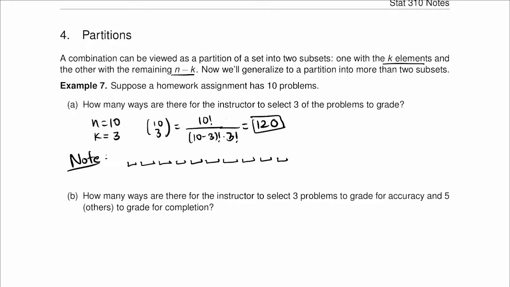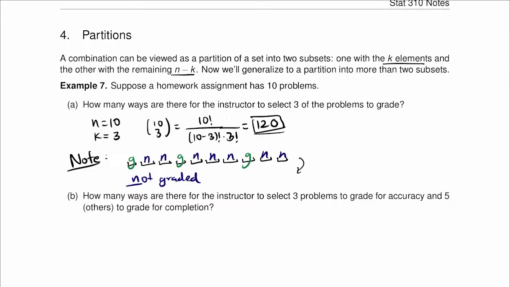So for example, we select this for grade, this for grade, and this for grade. Or we can have different orders here, and we have actually 120. But if we pick 3 of them to grade, the remaining 7 are not graded, right? This is for not graded.